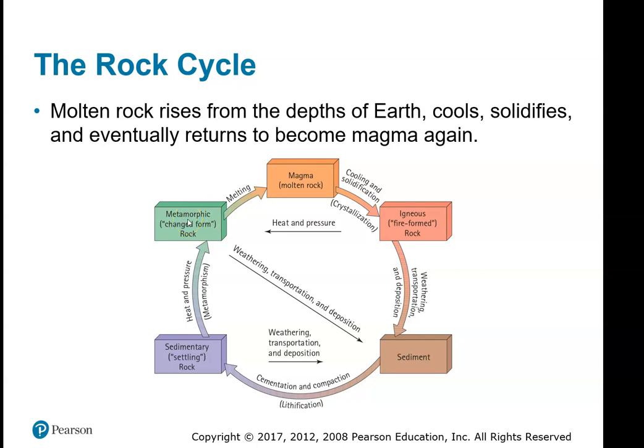And once again, and this is really important to emphasize, any of these, igneous rock, sedimentary rock, or metamorphic rock itself, if given high enough heat and pressure, where it melts, once it melts, it becomes magma again. Basically, the idea here is that metamorphic rock doesn't fully melt.